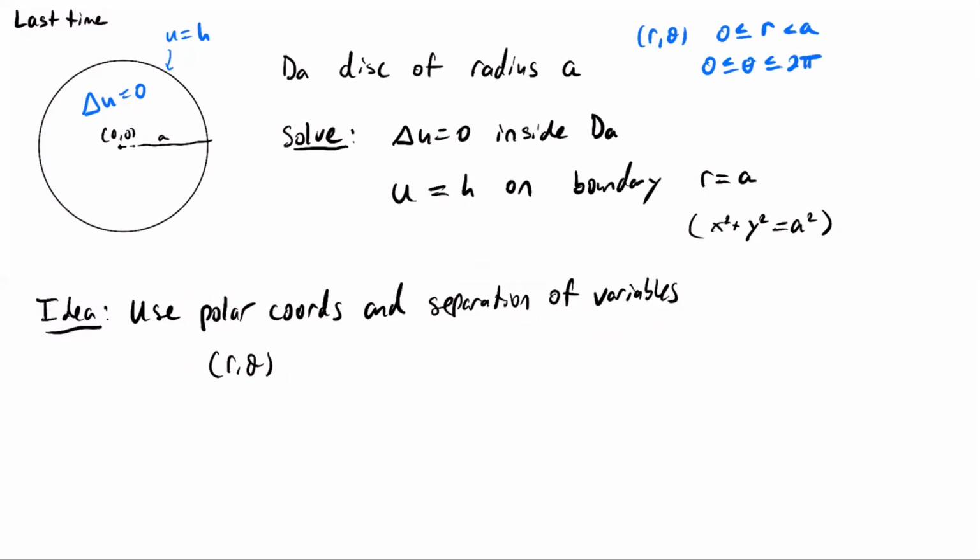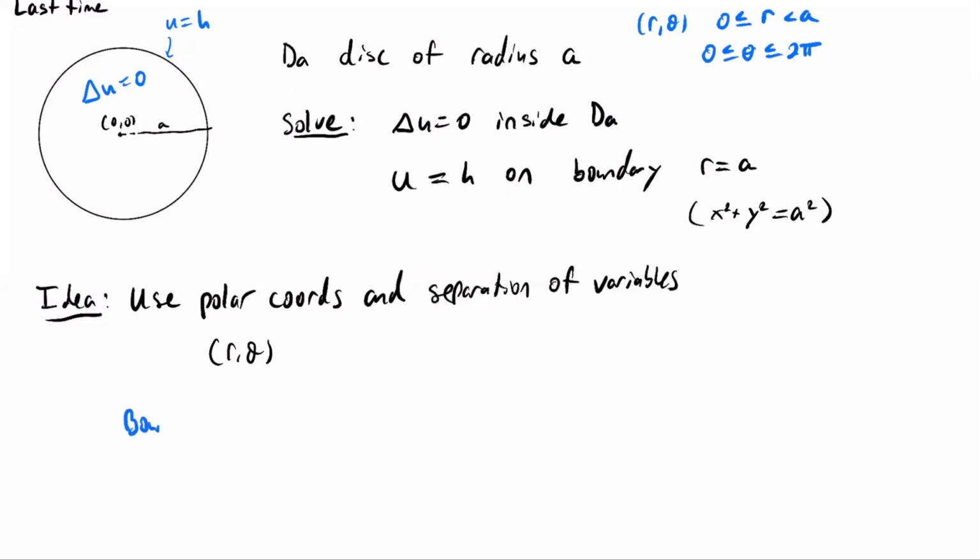One thing to point out is, let's just review what we need for the boundary condition. We want u equal to this function h on the boundary.